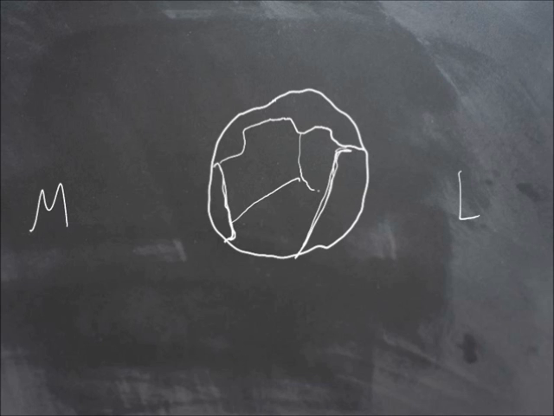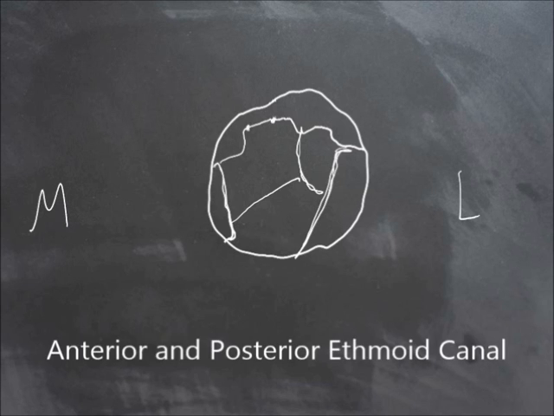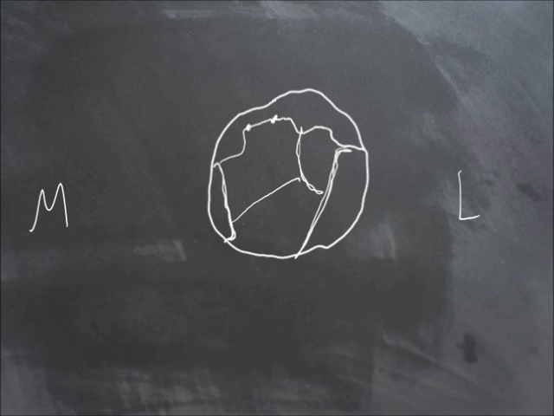Coming in here, you have the sphenoid bone, which leaves this space as the ethmoid bone. Here we have two holes called the anterior and posterior ethmoid canals.